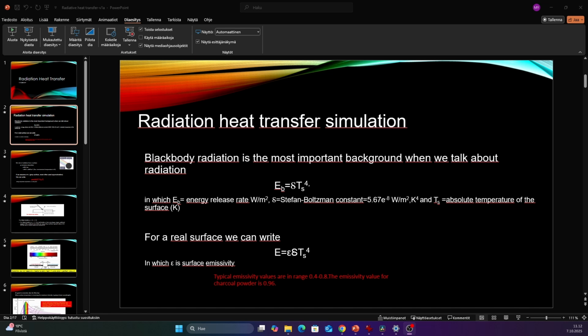But there are some materials which have very high emissivity. For example, charcoal powder has emissivity 0.96. It's almost black.